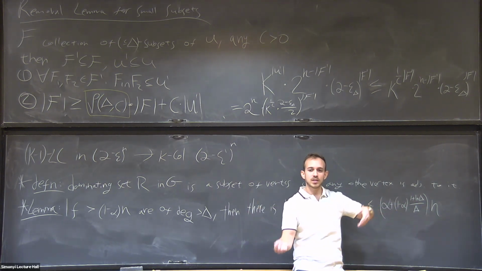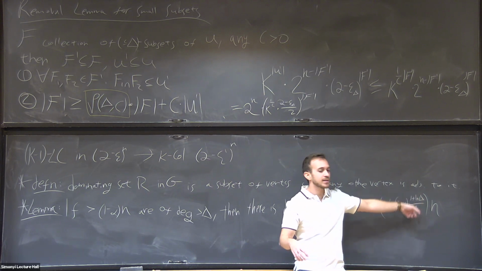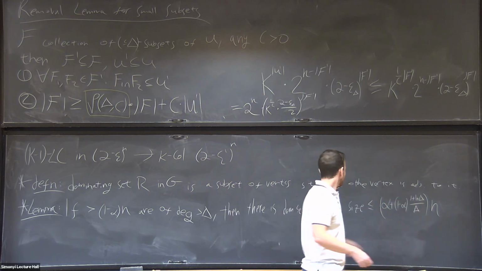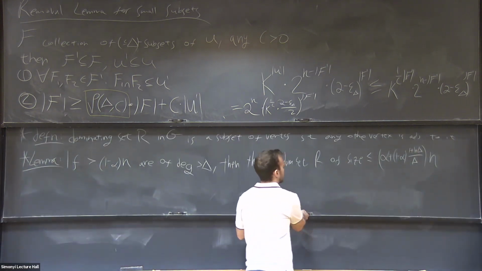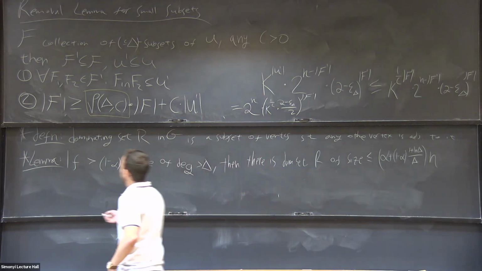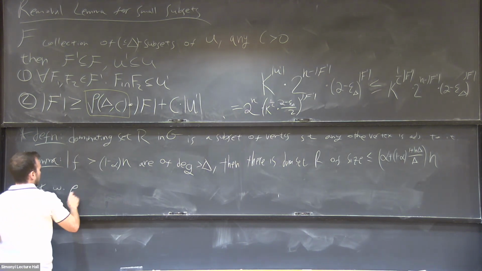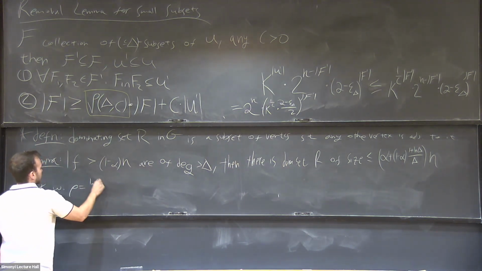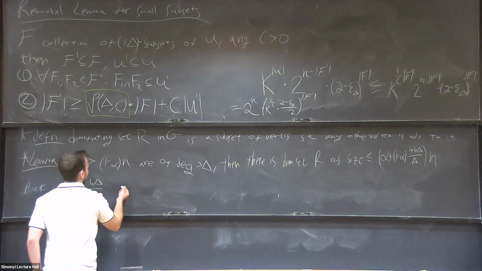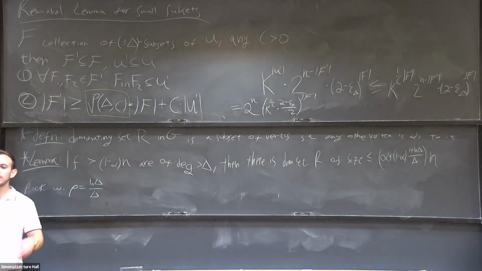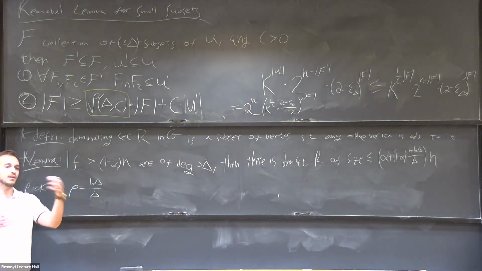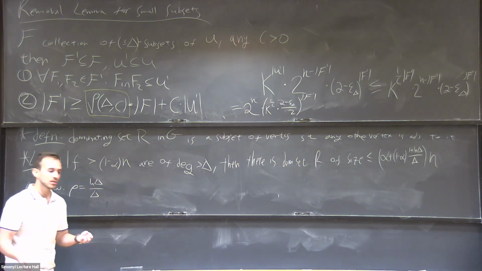Why is that? For example, if I pick a random subset of vertices, where I take each vertex with probability roughly ln delta over delta, now we can ask ourselves, for a vertex of high degree, what is the probability that we hit either this vertex or one of its neighbors?